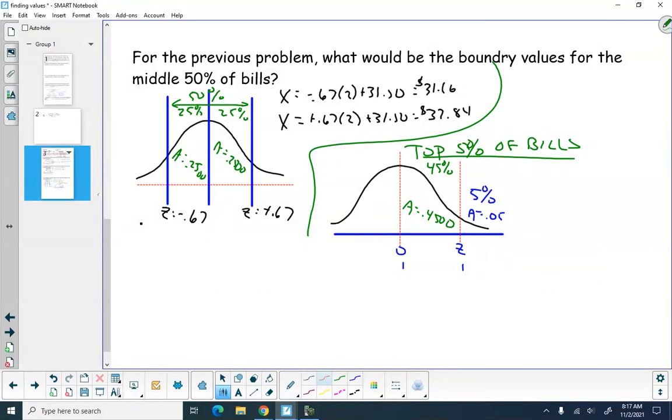If you take it out a few more decimal places, you're going to be closer to the 1.65, which is the 0.4505. So the Z value that you want to use is 1.65.